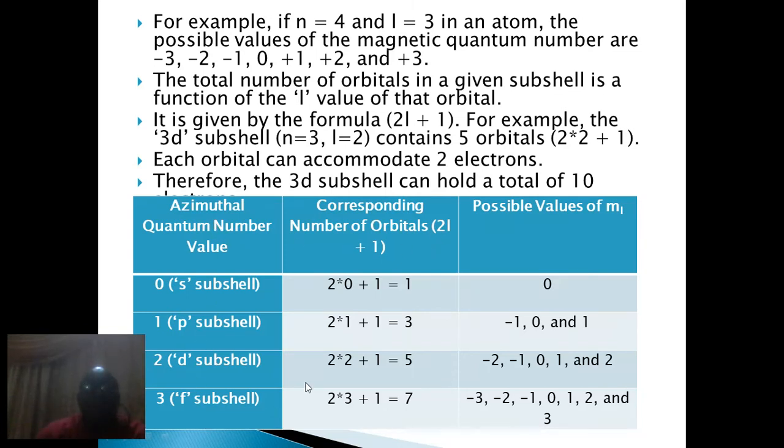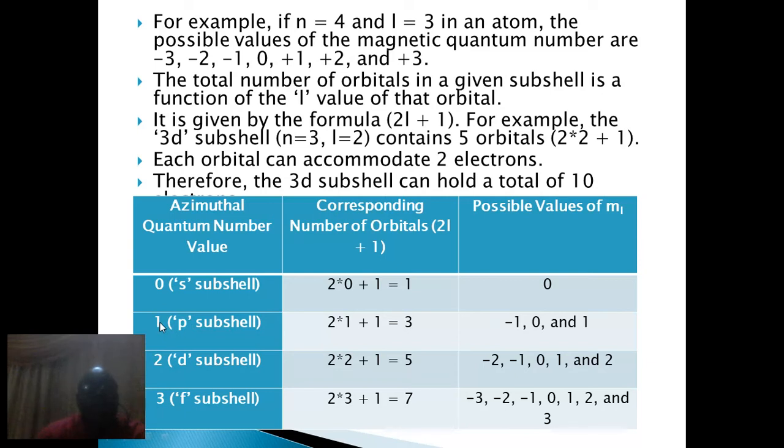This is summarized in this table here. Azimuthal quantum number: if it is 0, you have the S subshell. Then the corresponding number of orbitals, 2 times 0 plus 1, is equal to 1. That is the orbital there. The possible value of m is 0.